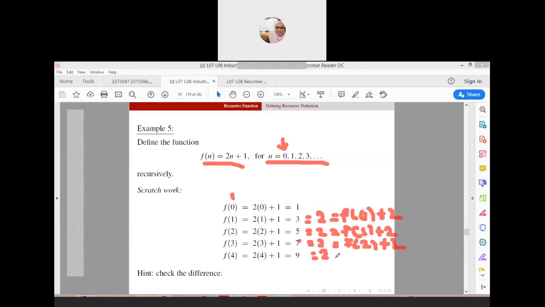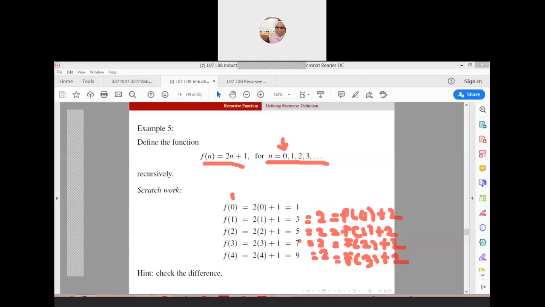Okay, same goes to f(4): we use the value of f(3) plus 2.